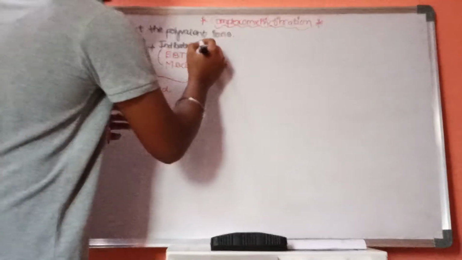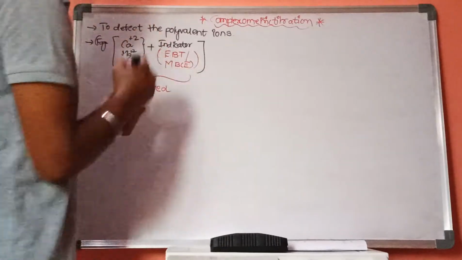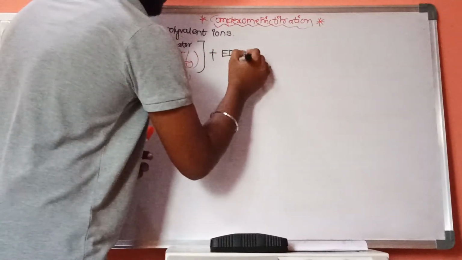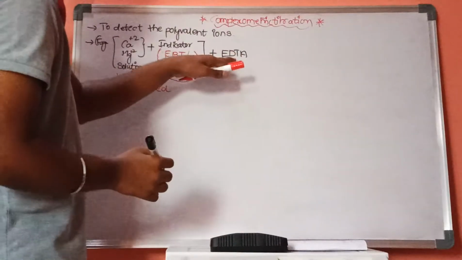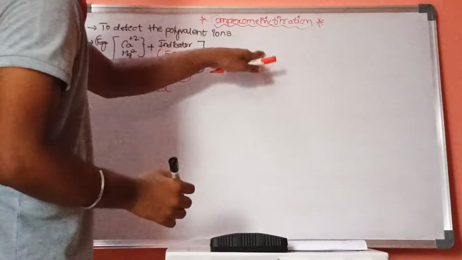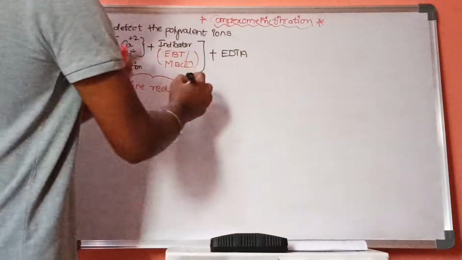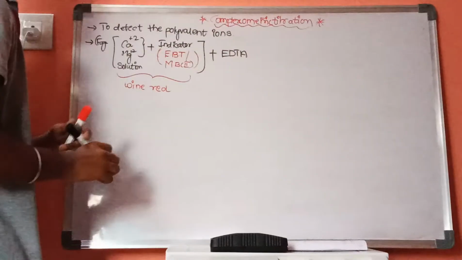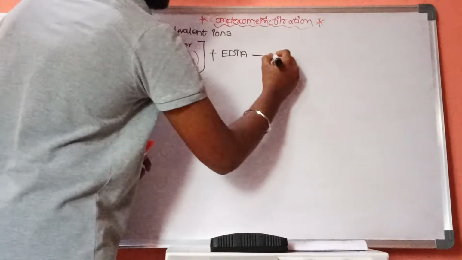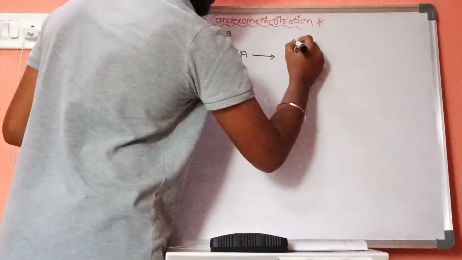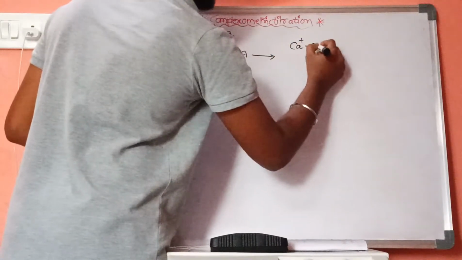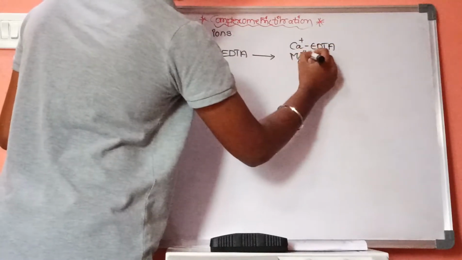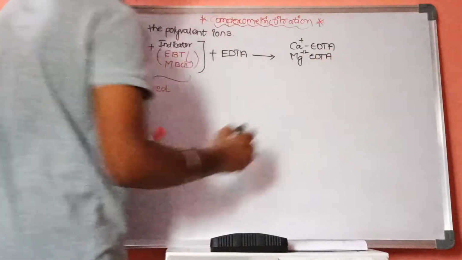Now this solution we titrate with EDTA. EDTA is the standard which is used in this solution. This complete solution is titrated with EDTA and it results in the formation of calcium EDTA and magnesium EDTA.